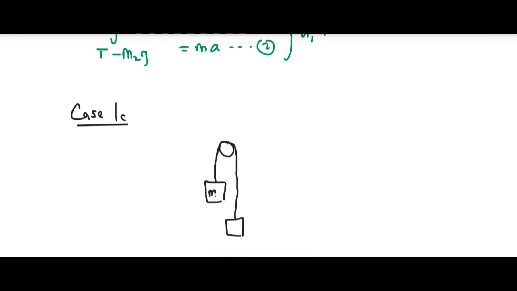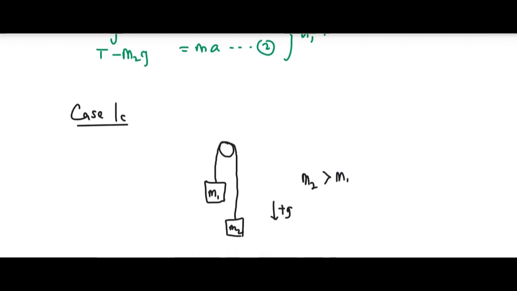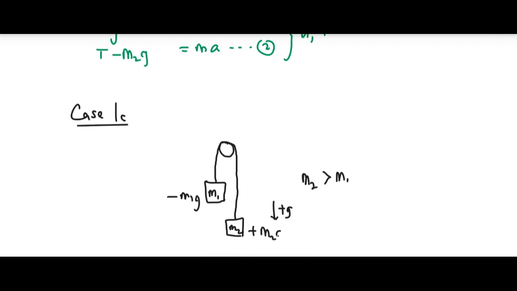So if this is your M1 and this is your M2, literally from the diagram, you know M2 is greater than M1 because you can see that M2 is pulling this M1 upwards and itself is coming downwards, right? So what happens to acceleration due to gravity? Gravity will be positive here, while gravity here, because the object is projecting upwards, will be negative. Since gravity is negative, the weight bringing this object down will be minus M1G. So for the weight here, it will be plus M2G, right?